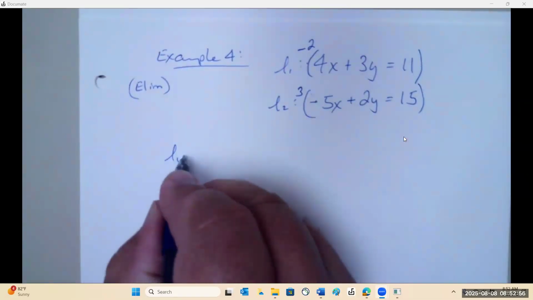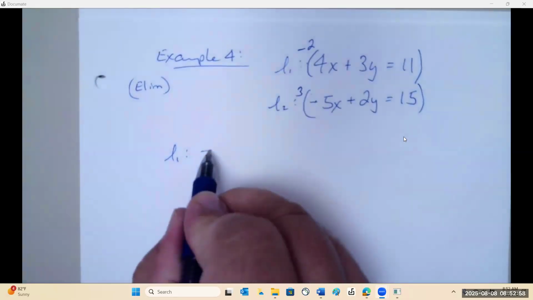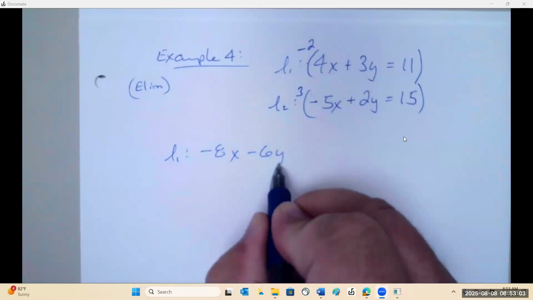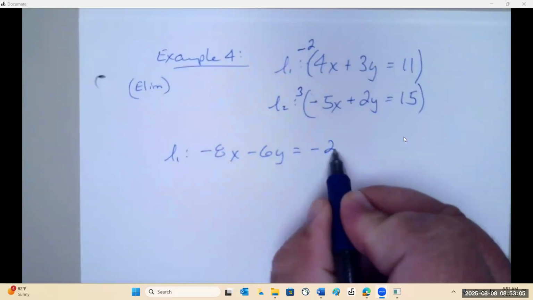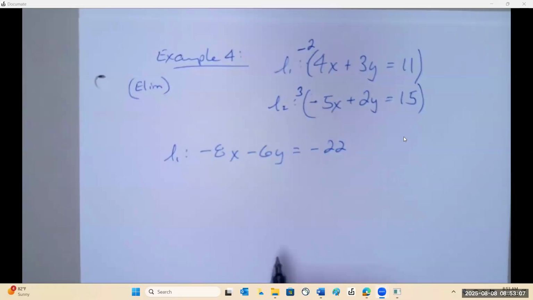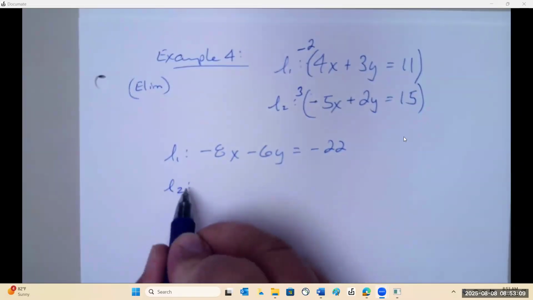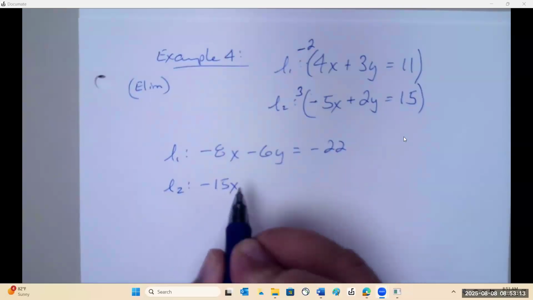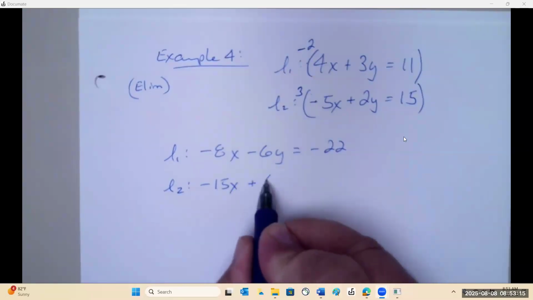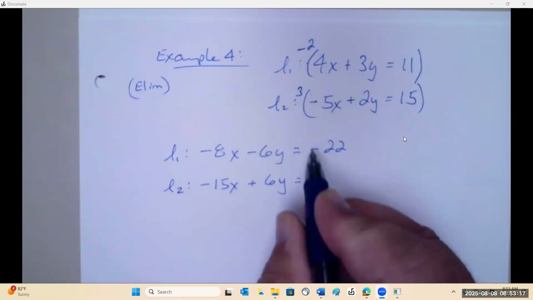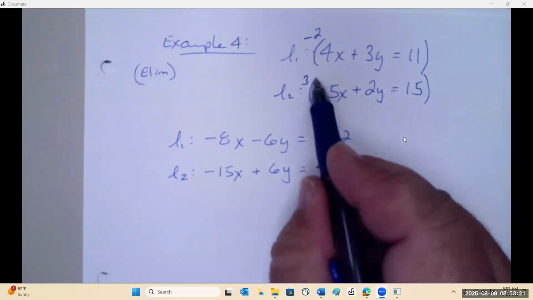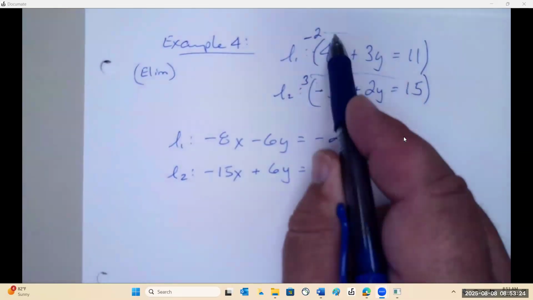So line 1 is now -8x -6y equals -22. Line 2 is -15x plus 6y equals 45, if I distribute that 3 to all these.